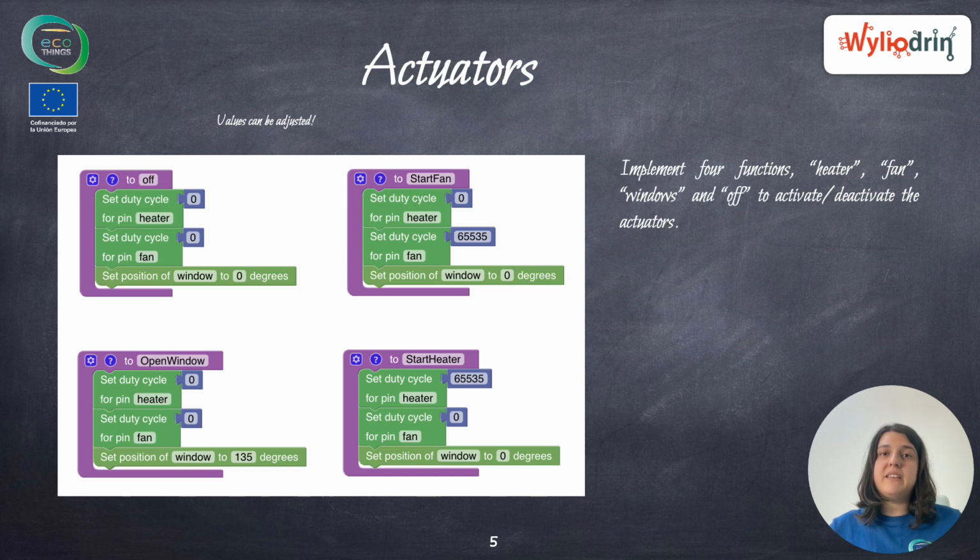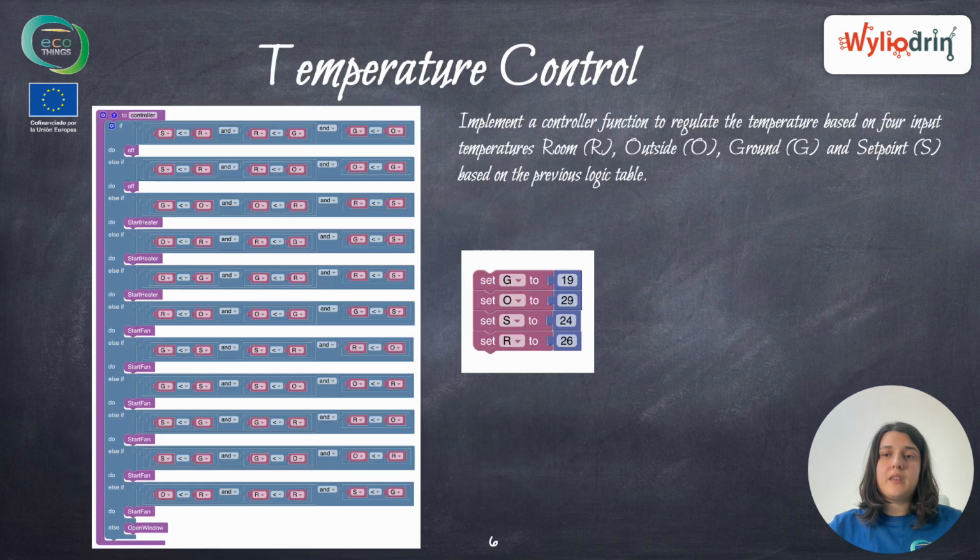And finally, we have the heater function that starts the heater using the PWM block and sets it to a maximum. It also uses the PWM block to stop the fan, and it uses the servo block to close the window. So here we have the four states that we can use.